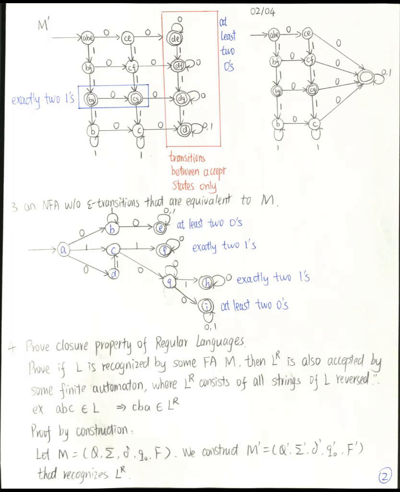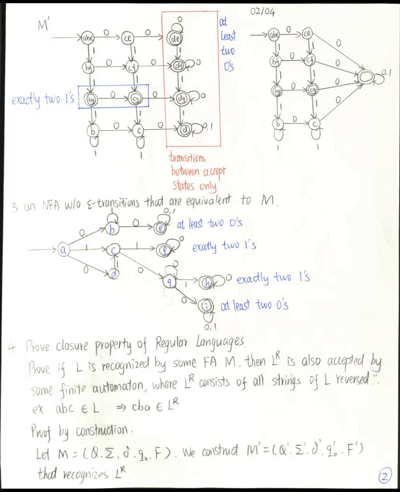Now we consider the rows. The first row of states have consumed no ones at all. And the second row means they have consumed a single one. And the third row, those states have consumed exactly 2 ones.